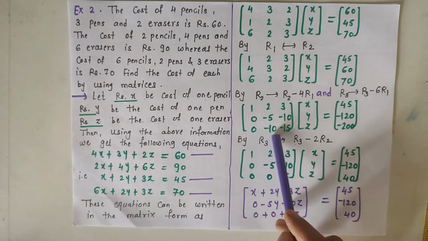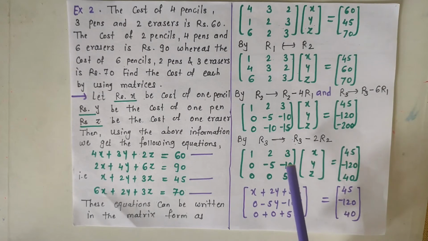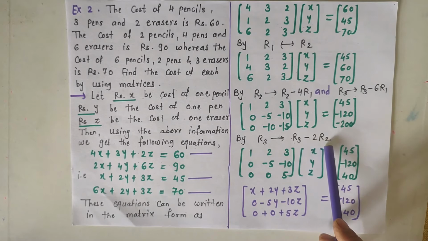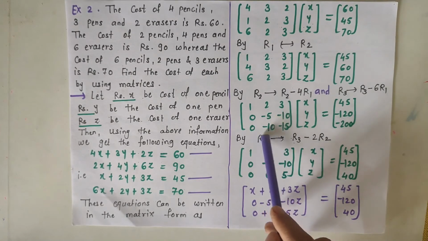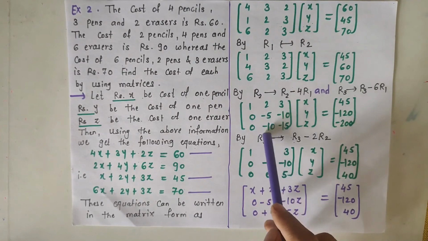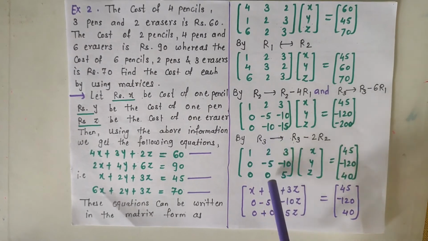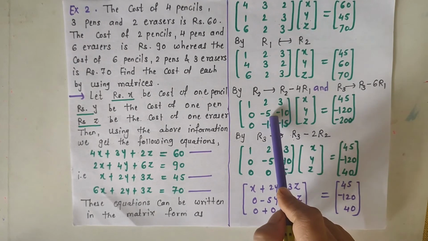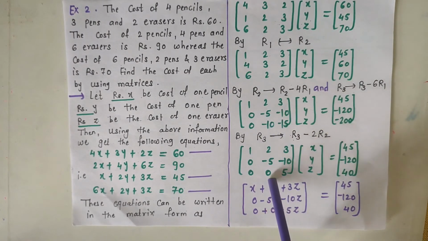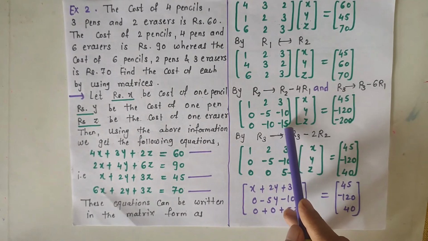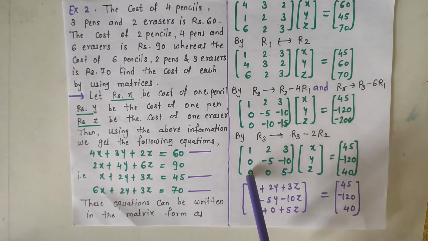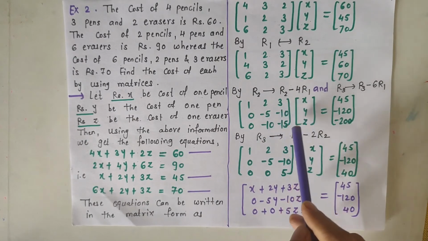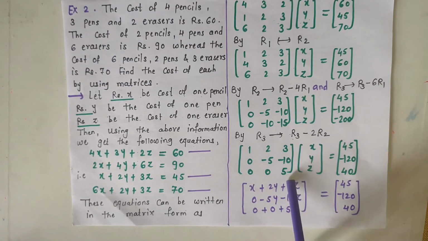Now for converting this minus 10 into 0, we apply on R3 the transformation R3 minus 2R2, and then this element becomes 0. The R3 element is minus 10, minus 2 into the R2 element minus 5, so minus 10 plus 10 is equal to 0. For the second element, 0 minus 0 is 0. For the third element, minus 15 minus 2 into minus 10, that is minus 15 plus 20, equal to plus 5.